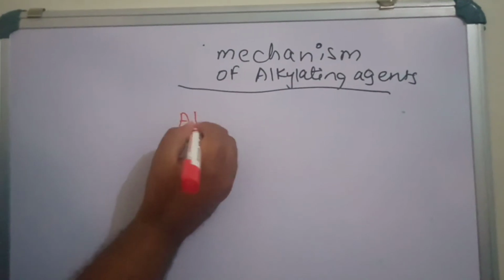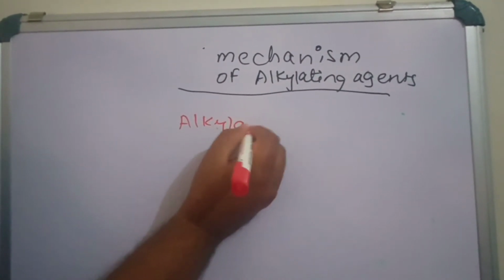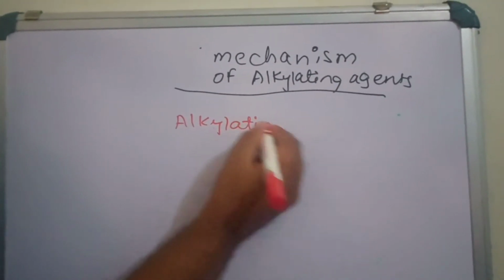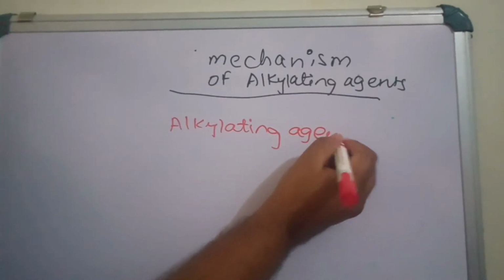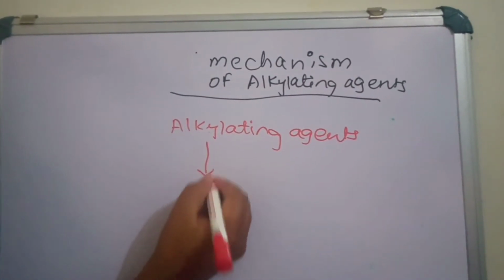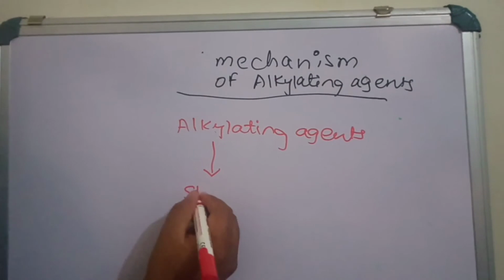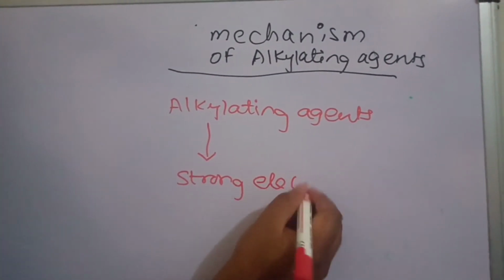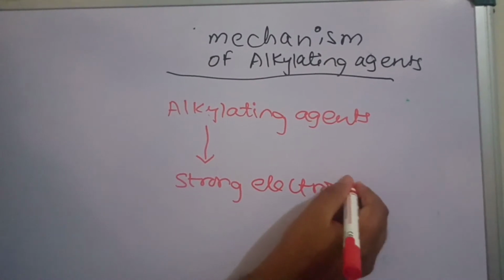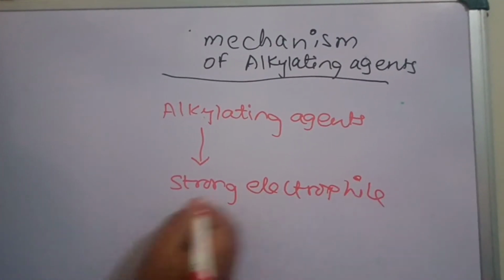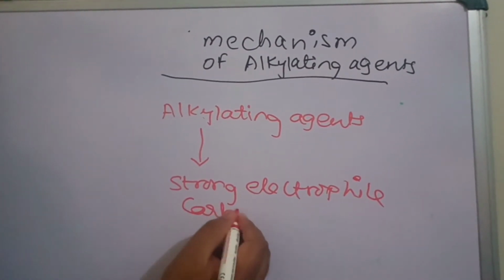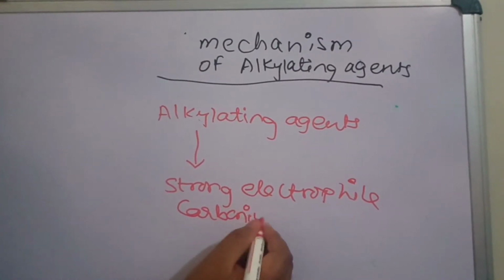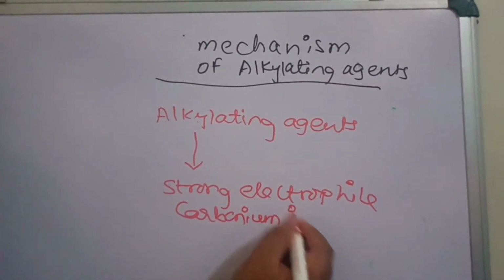Now the alkylating agents form a strong carbonium ion, a strong electrophile. Carbonium ion means carbocation.